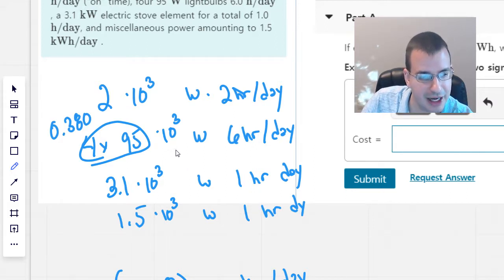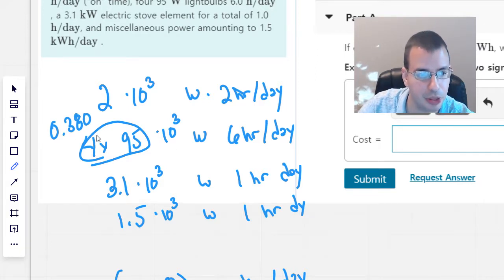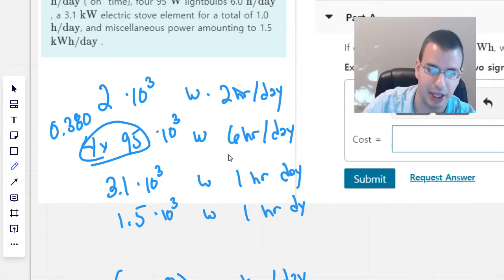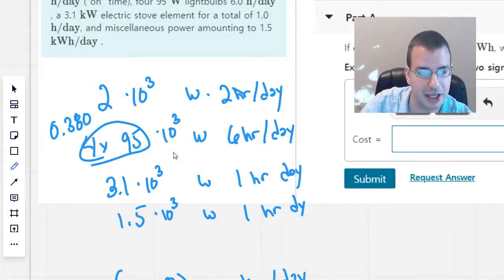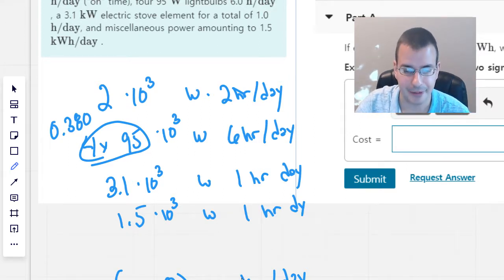When we convert that into kilowatts, it's 0.38 kilowatts used for 6 hours per day. That's 0.38 kilowatts times 6, which is 2.28 kilowatt hours used per day. So we're trying to convert everything into kilowatts per day.